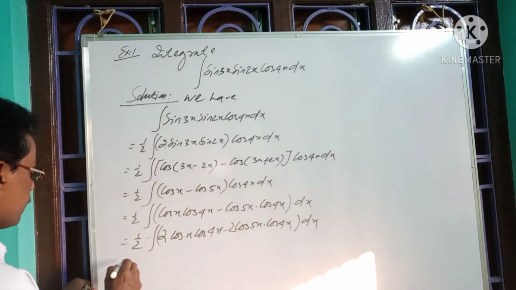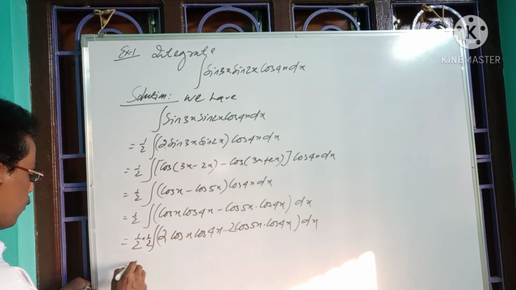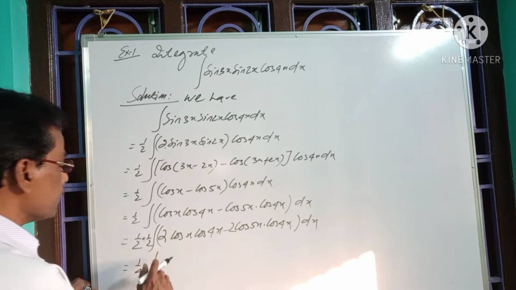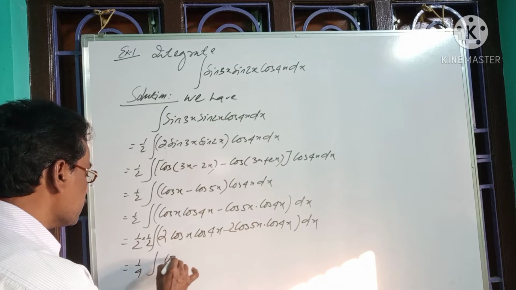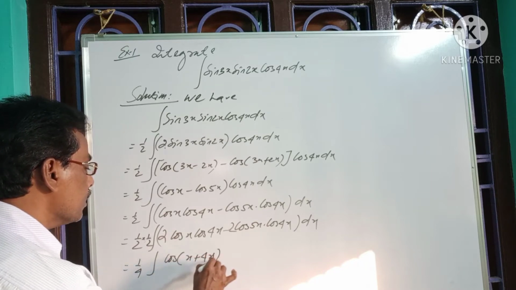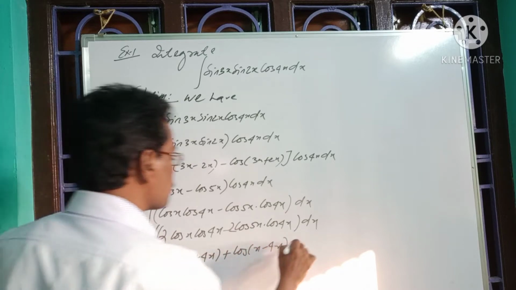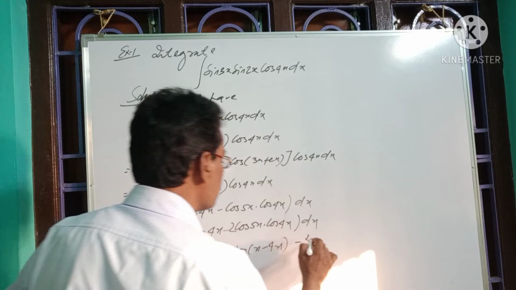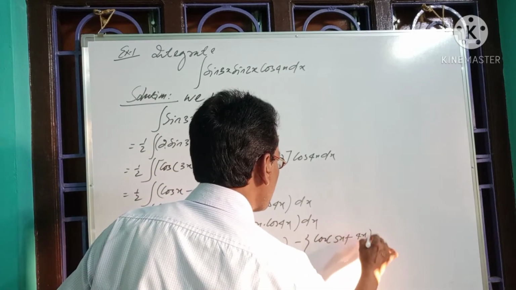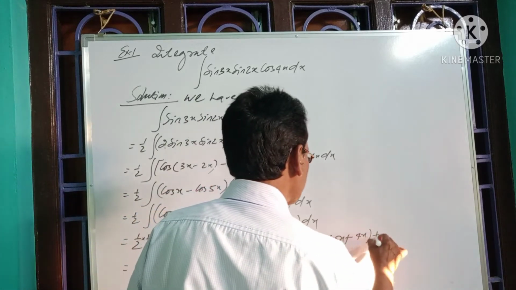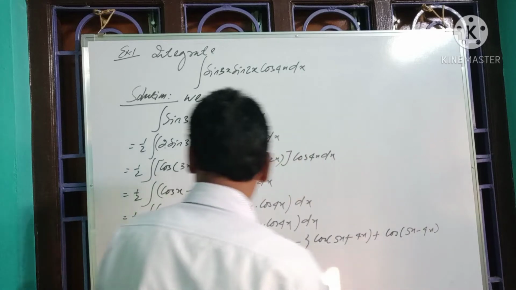So we have 1 by 4 into the integration of, that is 2 cos a into cos b, that is cos of a plus b, that is cos of x plus 4x, plus cos of x minus 4x, minus, that is 2 cos a into cos b, that is cos of a plus b, that is cos of 5x plus 4x, plus cos of 5x minus 4x.